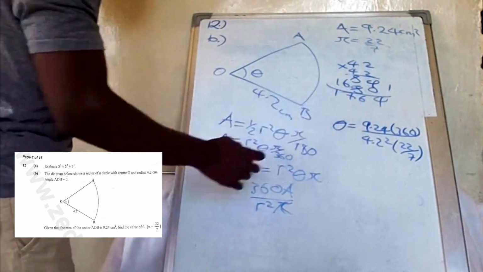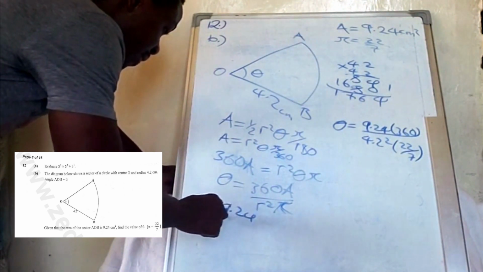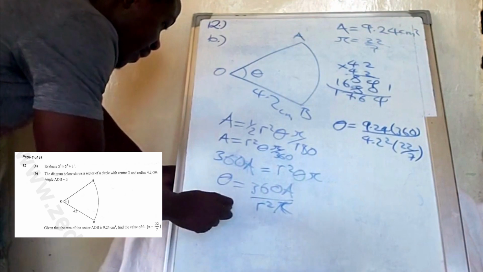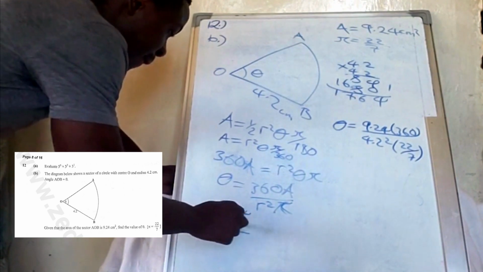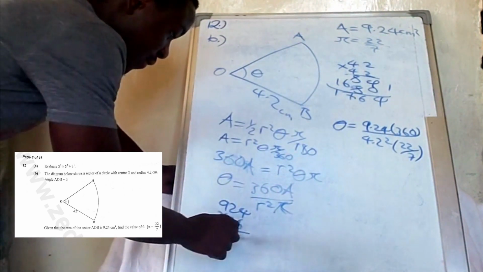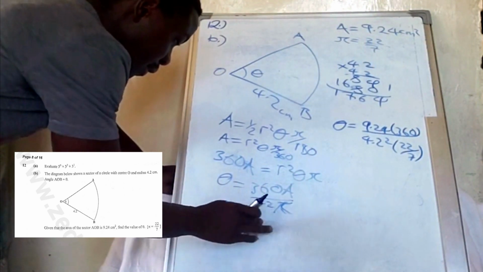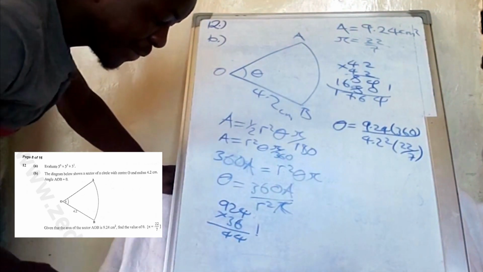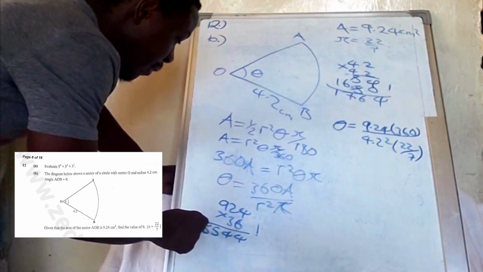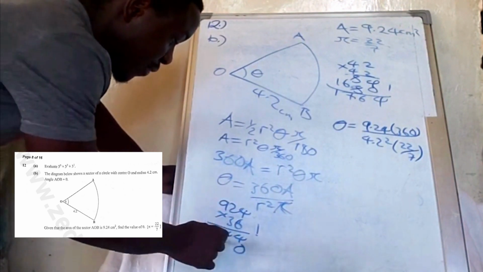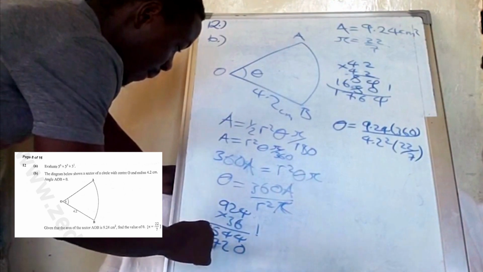We can also calculate 9.24 multiplied by 360. You can simply say 924 multiplied by 36. 6 by 4, 24. 6 by 2, 12, 14. 6 by 9, 54, 55. Then 0. 3 by 6, 12. 3 by 2, 6, 7. 3 by 9, 27.